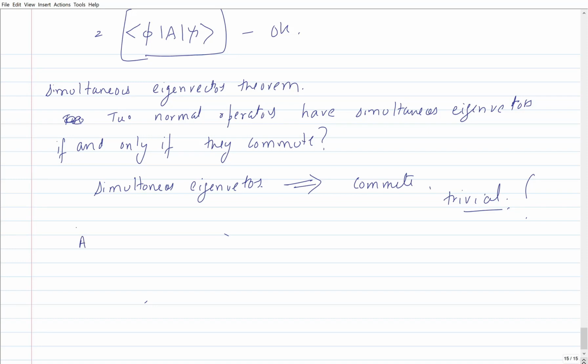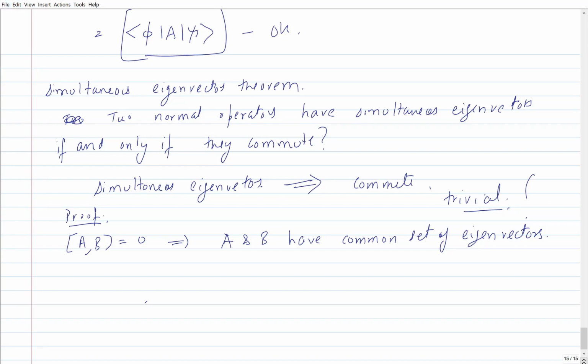The other part is, what I mean is that if A commutes with B, then you need to show that A and B have a common set of eigenvectors. So try and show this. It's a very simple, elegant kind of proof. We'll pick it up, and of course there can be several ways of proving it. We'll see that in the next class.